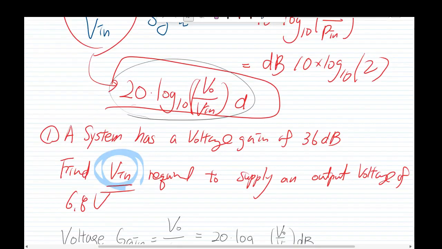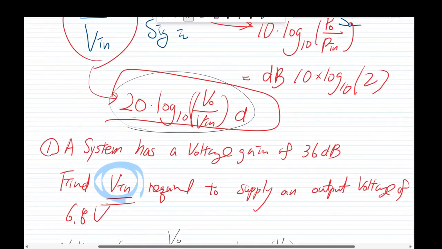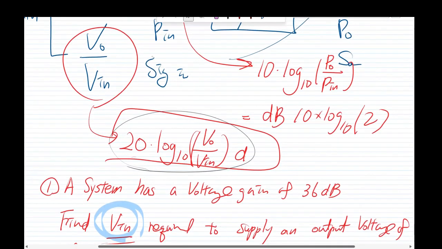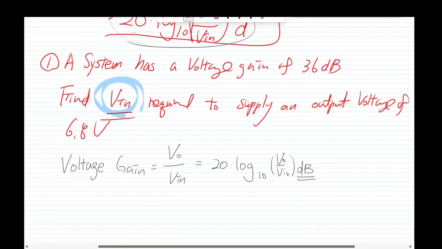Okay. So now you multiply it by dB, that's always part of voltage too, the voltage gain, kind of. Are you done yet? All right, step by step. So now the system has the voltage gain.